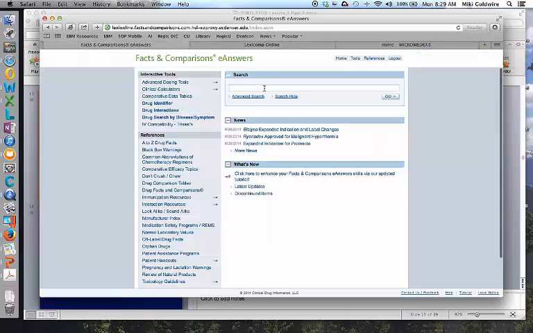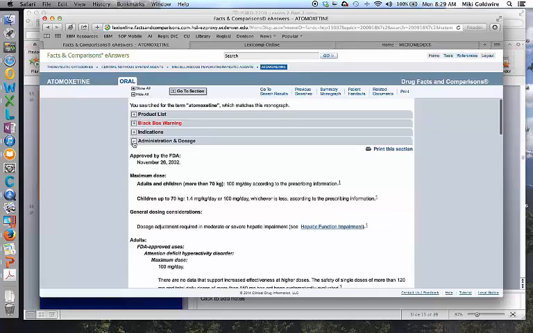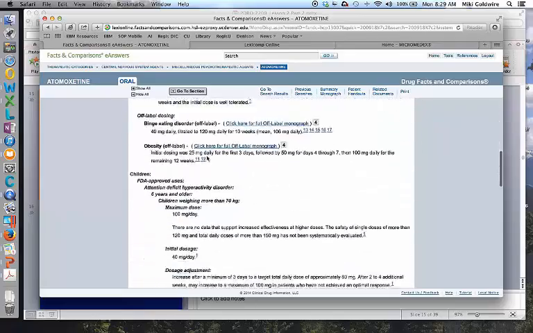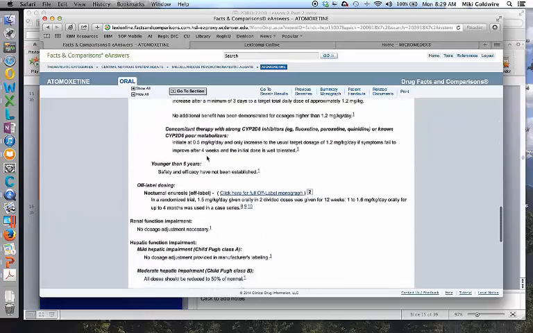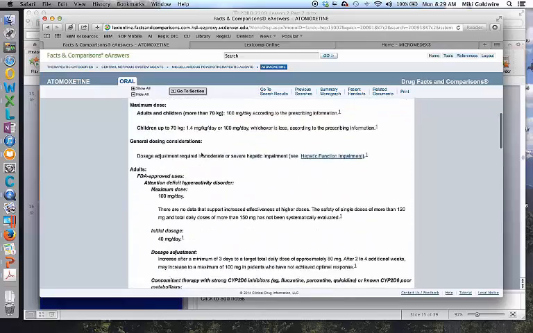So let's take a look in Facts and Comparisons. Atomoxetine. So I classify this as a dosing question. So I want to go under administration and dosing. And I'm going to look for dosing in hepatic dysfunction. And I know I first have in the dosing section adult normal dosing.